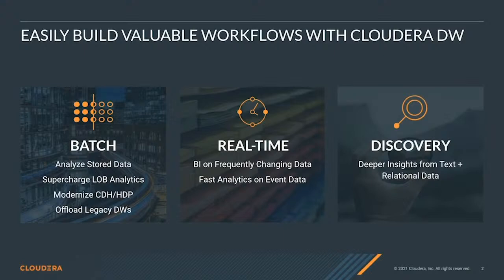Another good example here is fast analytics on events data. In this case, what we do is we take streaming event data and pre-aggregate it such that subsequent analytics, reporting, monitoring, alerting, slice and dice dashboarding is very, very fast.